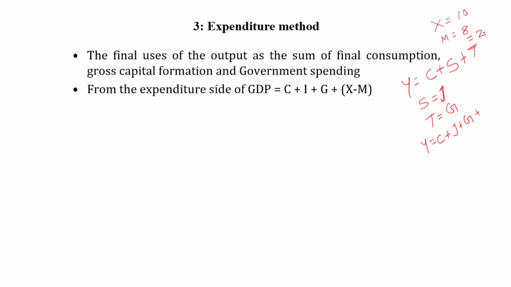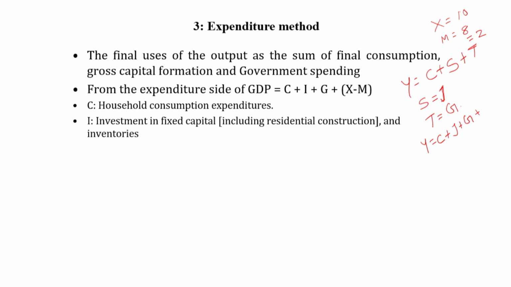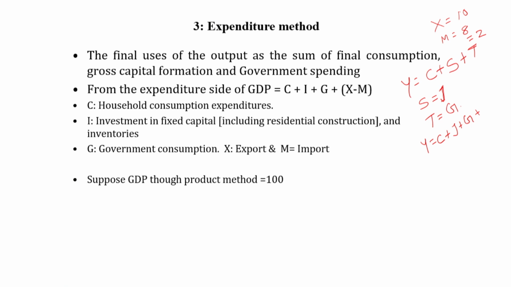That means we actually have a surplus here. So the total expenditure side of the economy in an open economy is C plus I plus G plus X minus M. C is the household consumption expenditure, I is the investment in fixed capital, G is government consumption, X is export, and M is import.